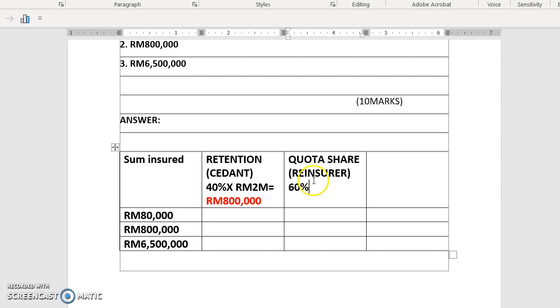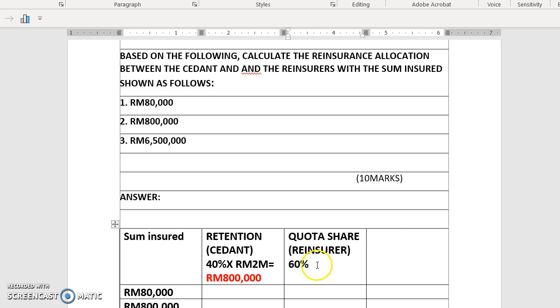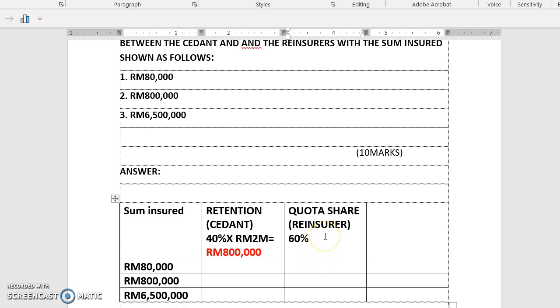From the sum insured, 60% will be borne by the reinsurer company. So 60% of the maximum limit of 2 million; the maximum that will be paid by the reinsurer is 60% times 2 million.